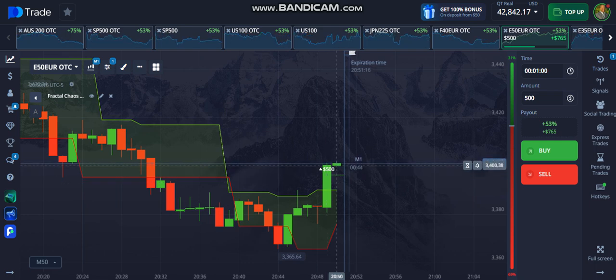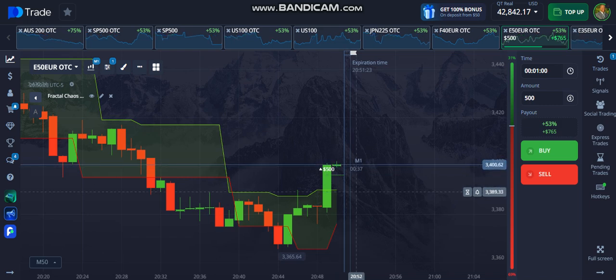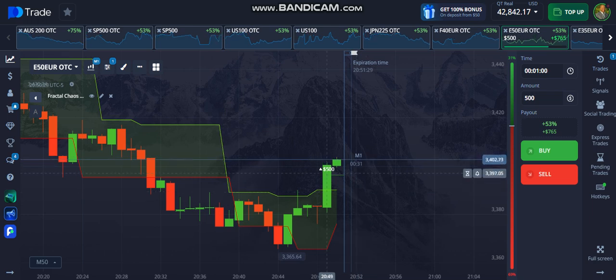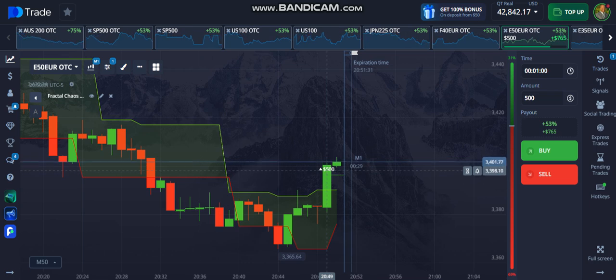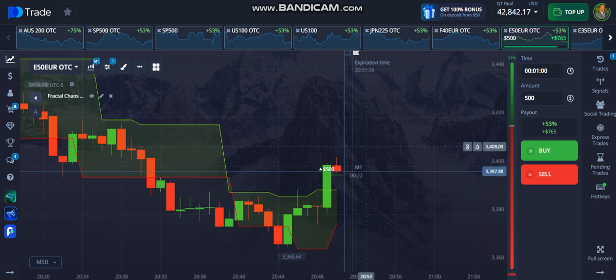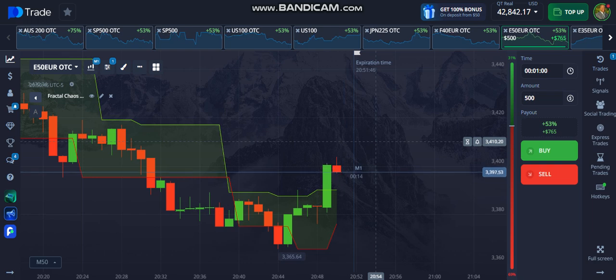If you see this current candle here, the price closed outside the band line, which suggests a bullish breakout to the upside. So as long as you anticipate, like I mentioned in the previous trade, that the candle will close above that chaos band line, then take the trade. So let's monitor this trade and wait for the expiry. Okay, so we won that trade also.